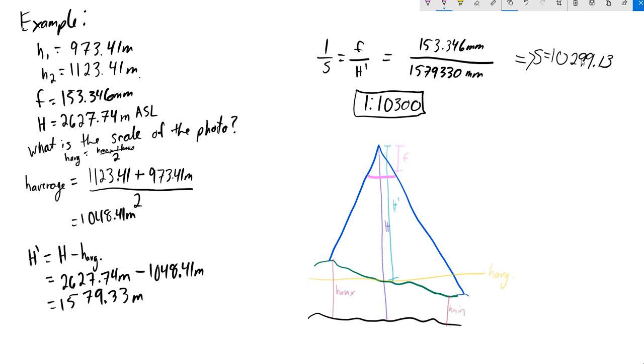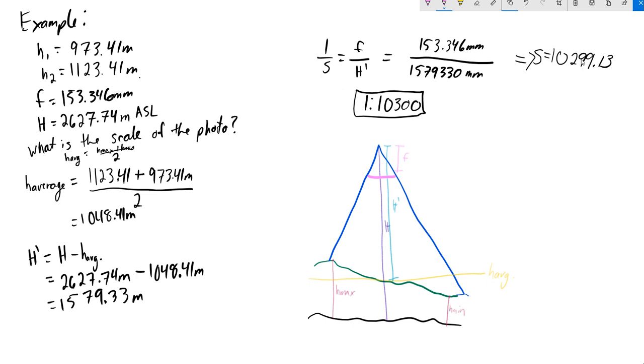And I just use an average. So the average is only the top and the bottom. And then I'm given the focal length, I'm given the altimeter reading, and I'm given these ones in this case. If you don't have these ones, you would use Google Earth and look it up and determine it that way.